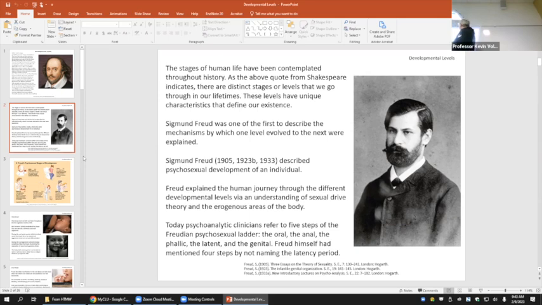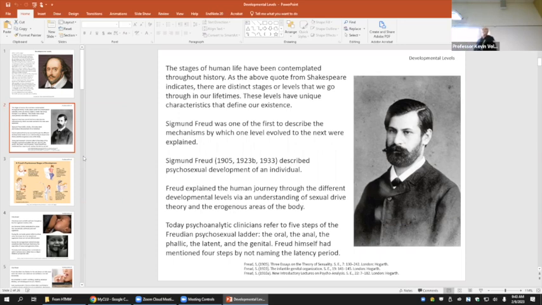There are really five of these, though Freud really talked about four: the oral, the anal, the phallic, and the genital stage. Freud didn't name the latent stage because this is kind of a pause. You can even put that in there later.